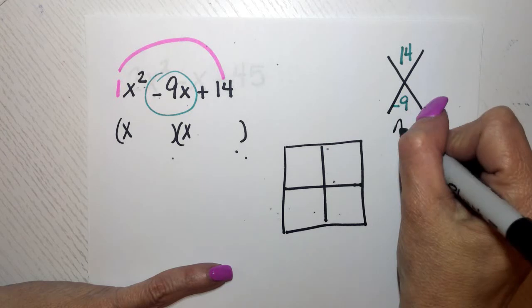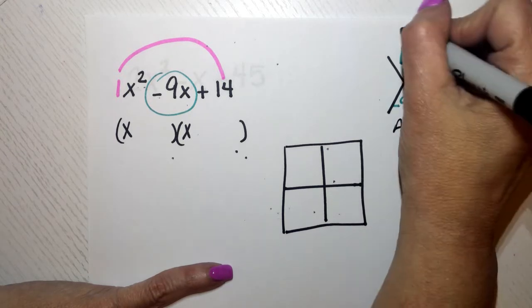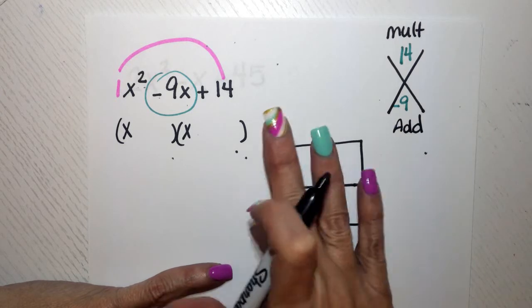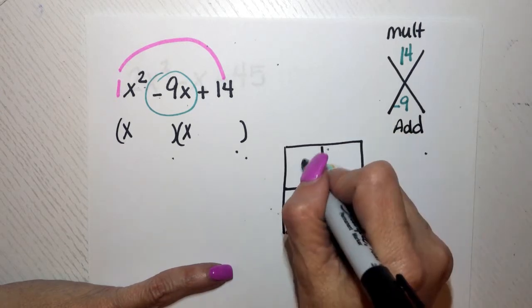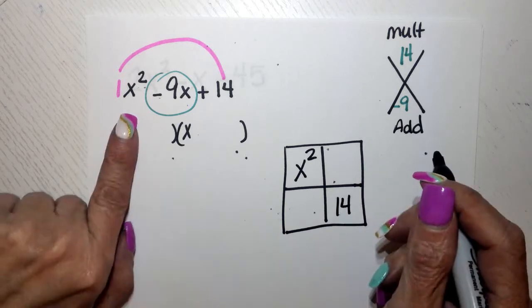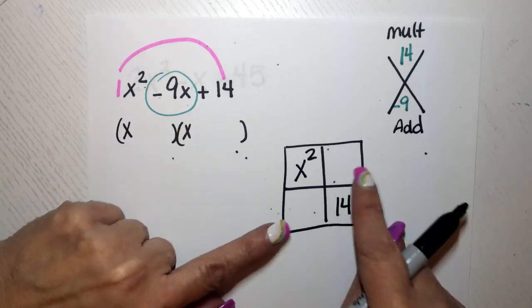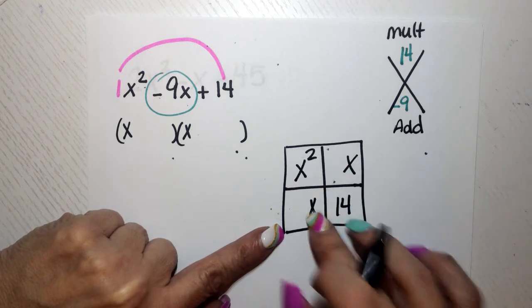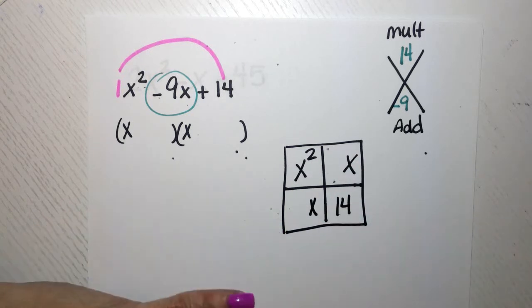Okay, we add, and we multiply. Multiply up, add down. Now I'm going to go ahead and fill in my box. x squared goes here, 14 goes here, the first and the last. On the two sides, I need to make sure I put my x's. x, x, x, 14. I'm good there.